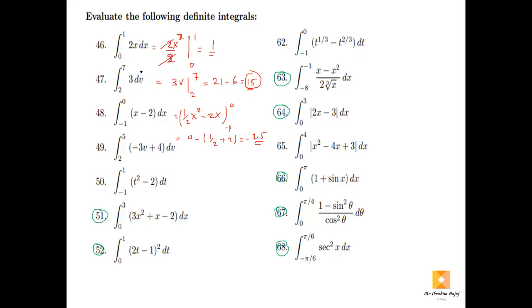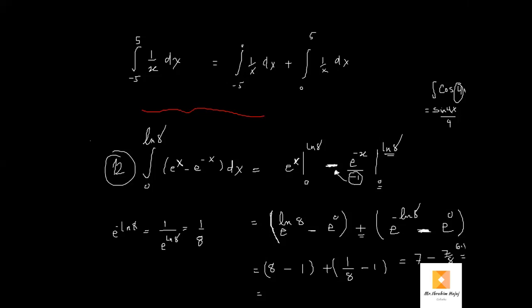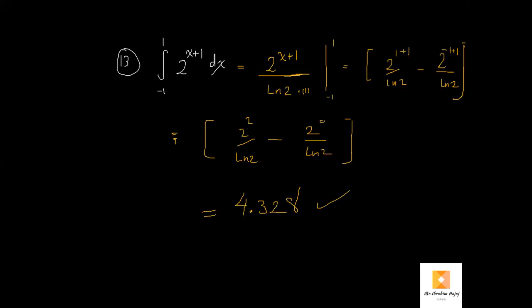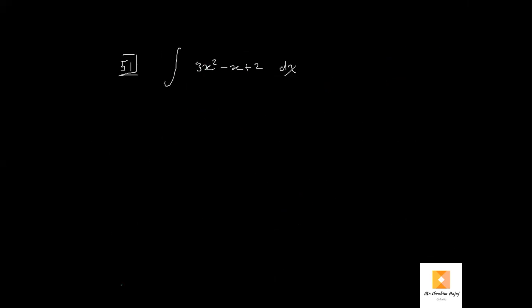From 0 to 3, 3x squared plus x minus 2. Yes, from 0 to 3. It's easy, but you have the bigger one. 3x cubed over 3 plus x squared over 2 minus 2x, and then evaluate from 0 to 3.